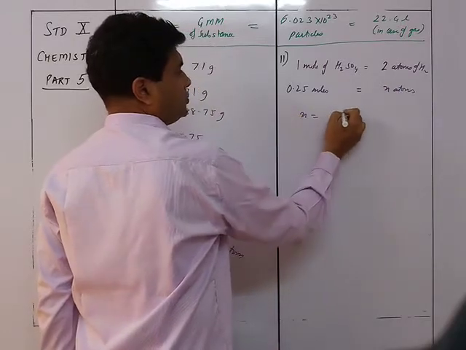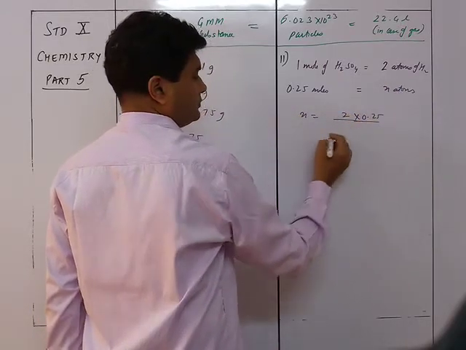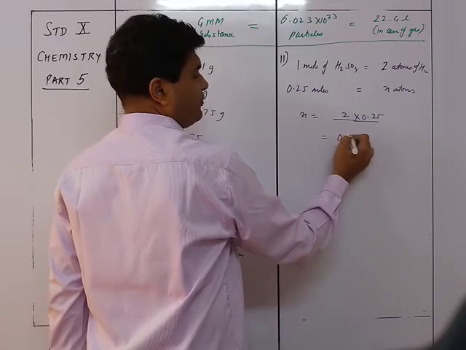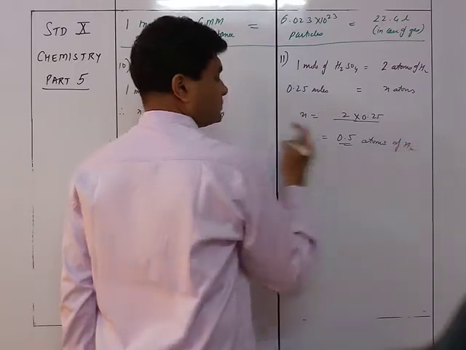So X is equal to 2 into 0.25, which is 0.5 atoms of H.